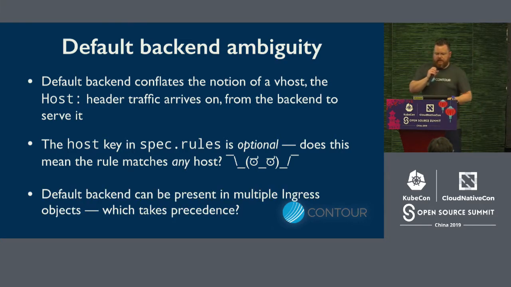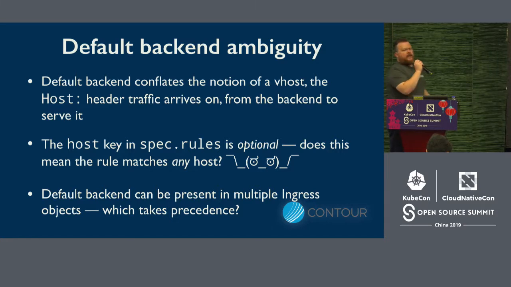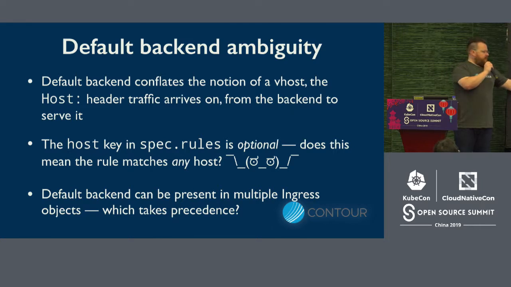And as I said, the default backend can be present in multiple Ingress objects, as well as this very loosely specified idea of a global default backend, which is completely not defined in the specification. It exists only in the man page for kube-controller. So the question is, if the default is specified multiple times, which one takes precedence?